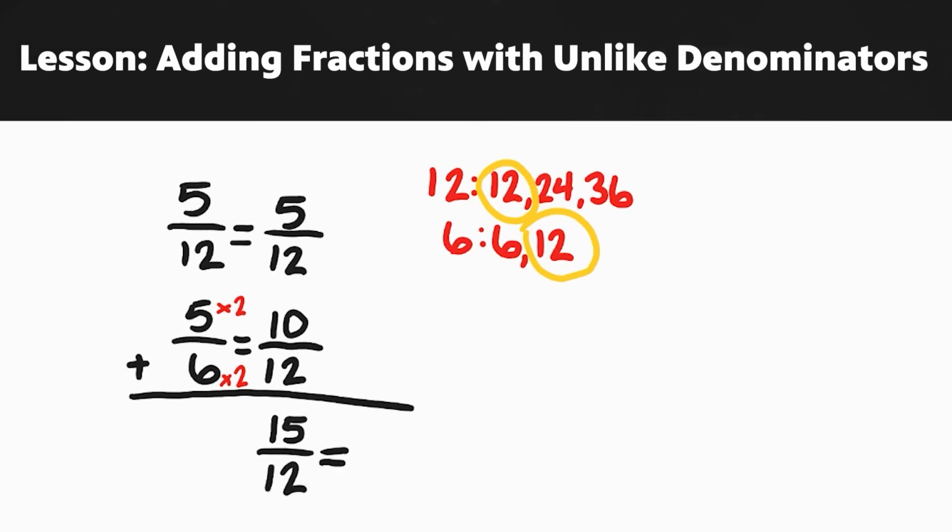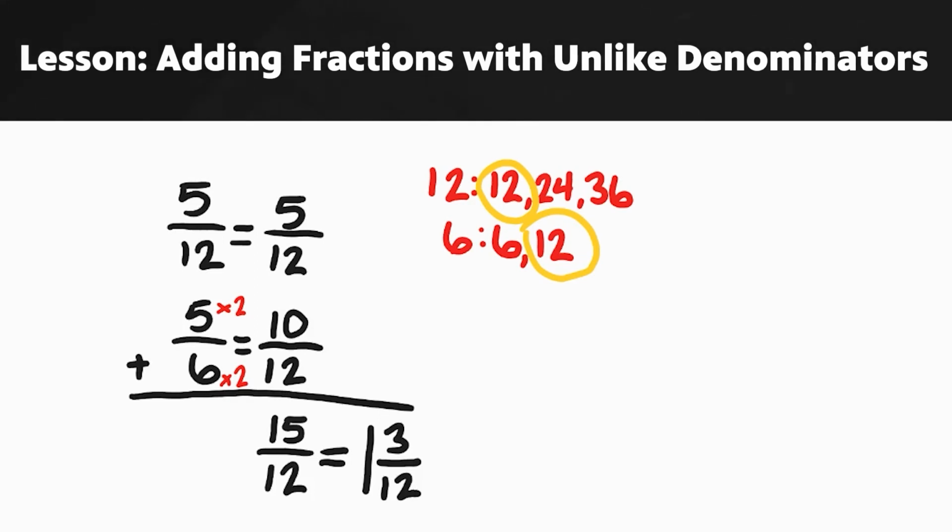12 can go into 15 how many times? 1. That's our whole number. How many leftovers would there be, or what would the remainder be? That's our numerator. And the denominator will stay the same. We're at 1 and 3/12. Are we in simplest form? Do 3 and 12 have a common factor?